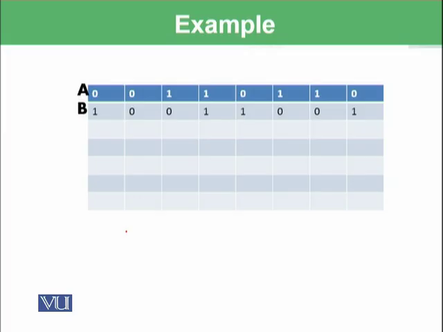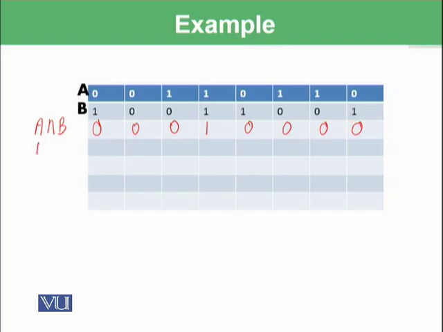If I want to find A AND B, we will put 1 on all of those columns where both inputs are 1. So only here both inputs are 1, so we have put 1 here, and all other outputs would remain 0, because in AND we have learned that both inputs should be 1.